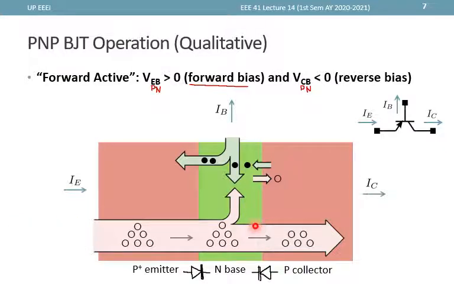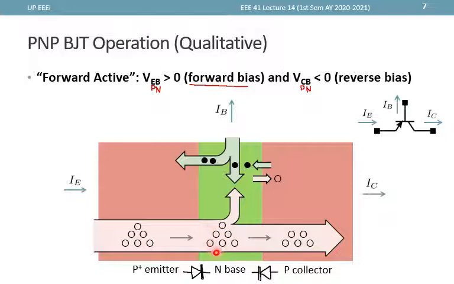Now, unfortunately, since the base is an N-type region, there are a lot of electrons, and we are trying to pass a lot of holes in that region, so the probability that they will recombine is relatively high. But we want to minimize that, and to be able to minimize that, we need to actually make this width small, such that the time for which the holes can possibly encounter an electron is relatively shorter.